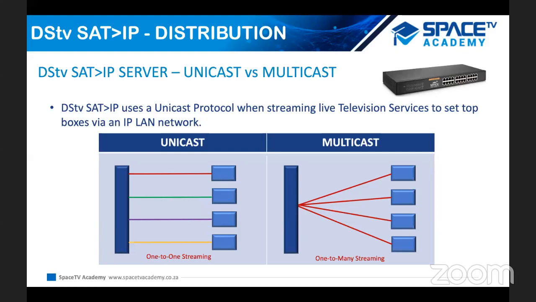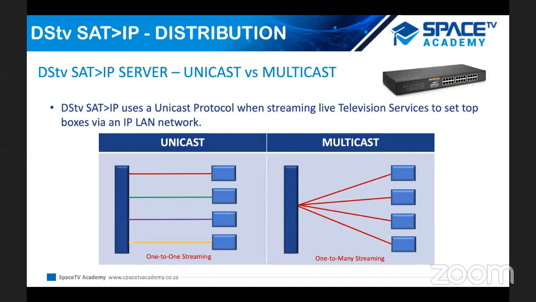Okay, so we spoke about unicast, and we said DStv SATIP uses a unicast protocol when streaming live television services to set-top boxes via an IP LAN network. This very simple illustration shows you the differences, because many of the third-party IP systems and also the Appear, which was used by MultiChoice previously, use a multicast protocol.